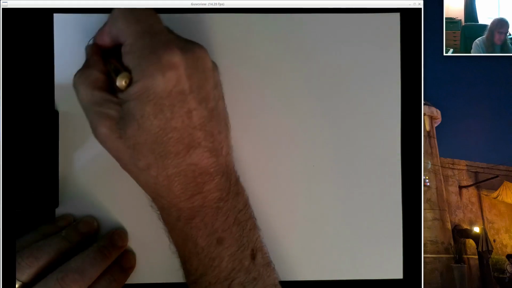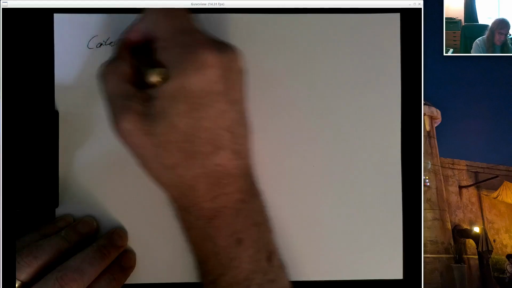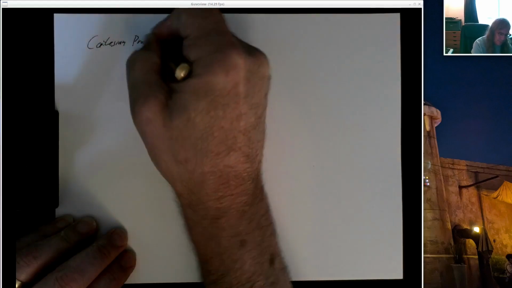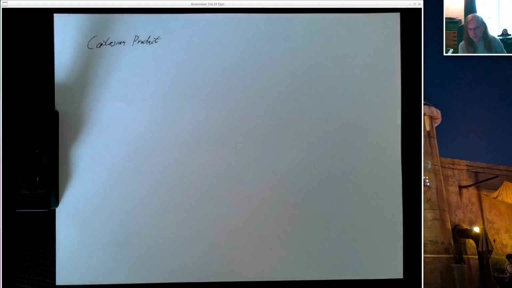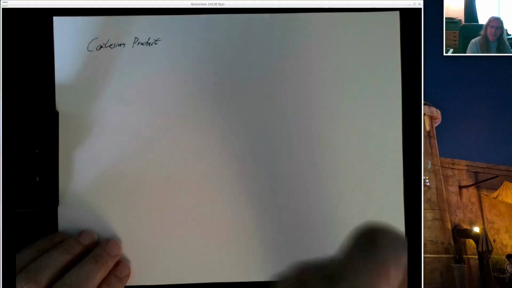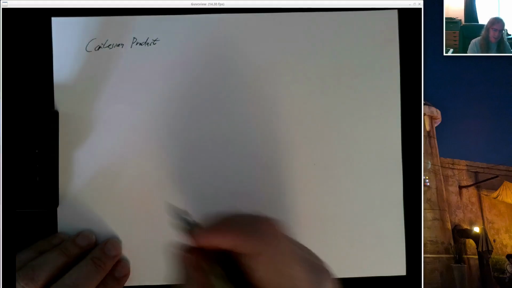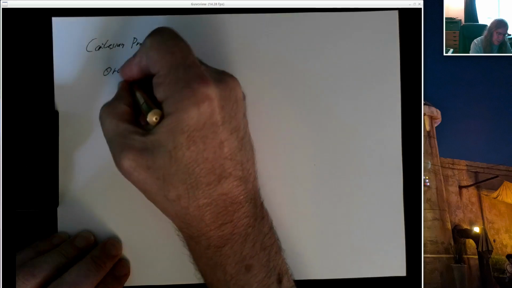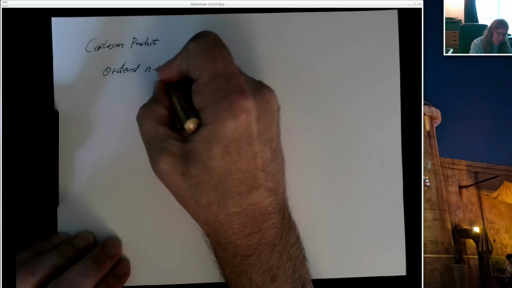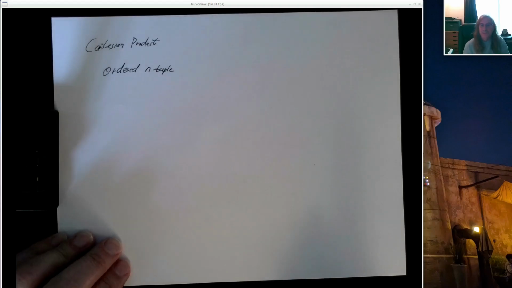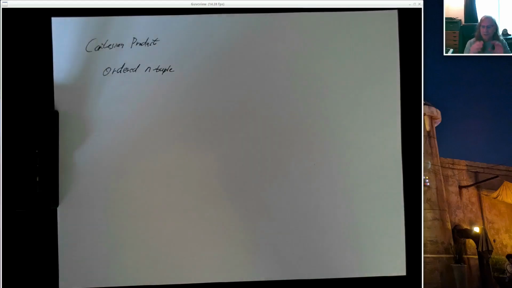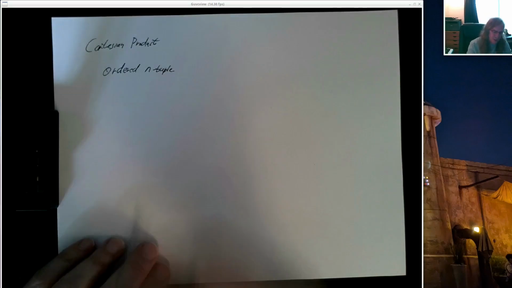Alright, a couple of more concepts related to sets. The first is what's called a Cartesian product. Cartesian as in Descartes, as in Cartesian plane. And to talk about a Cartesian product, we have to introduce a new concept, which is an ordered n-tuple. So an ordered n-tuple, and this is different from a set. An ordered n-tuple is a collection of n things where the order matters.